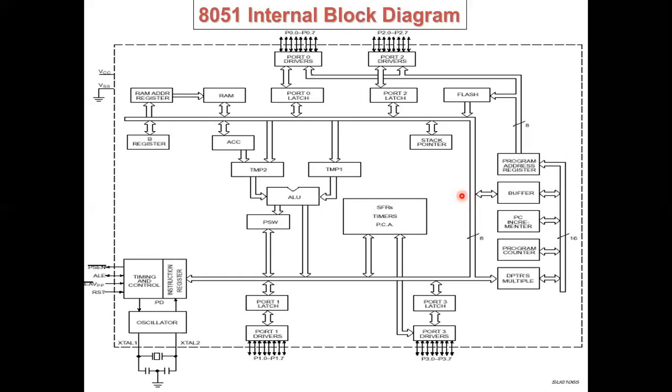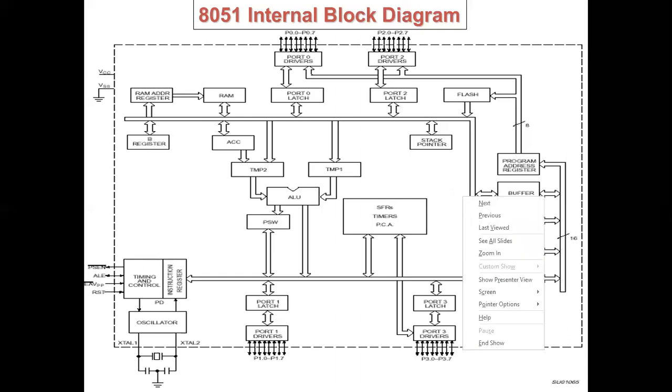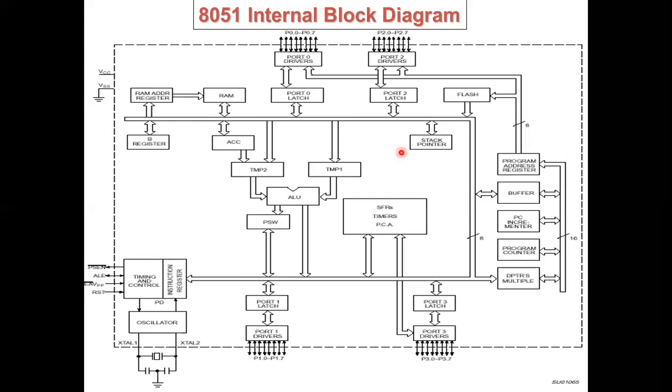For input output operation, they act as input output ports. For the remaining operations they act as address and data bus. This is the concept of ports available in the 8051, so this is the complete 8051 architecture.